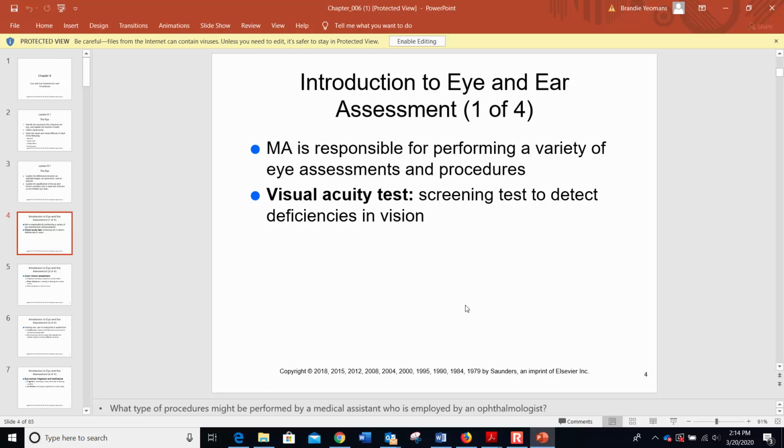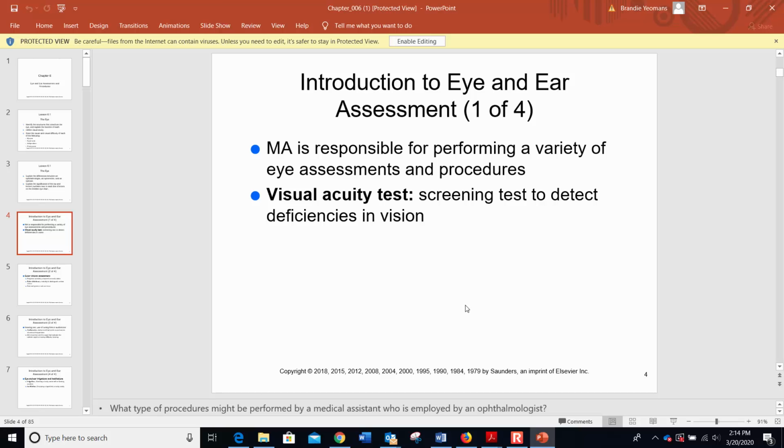So we talk about refraction, and that's the ability of the eye to bend that light that comes in so that it can be focused on the retina. So if we have an error in that, that means that it makes the visual acuity skewed.